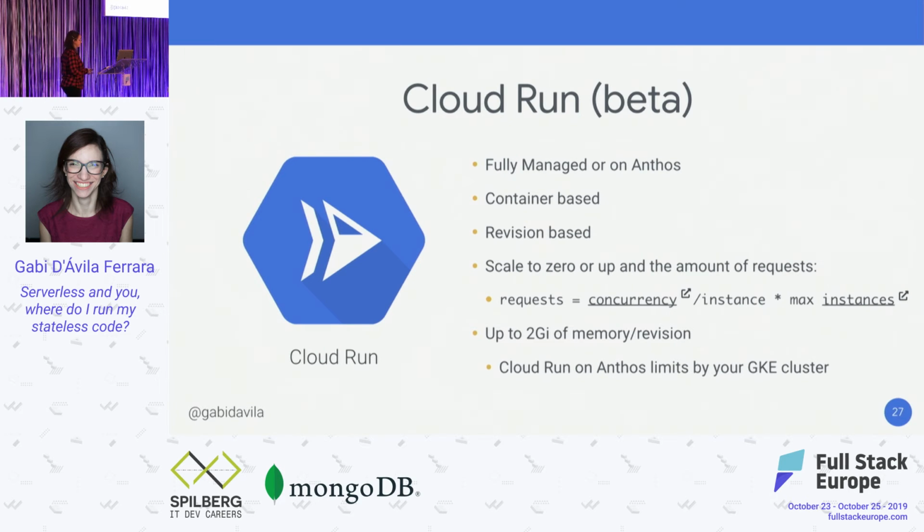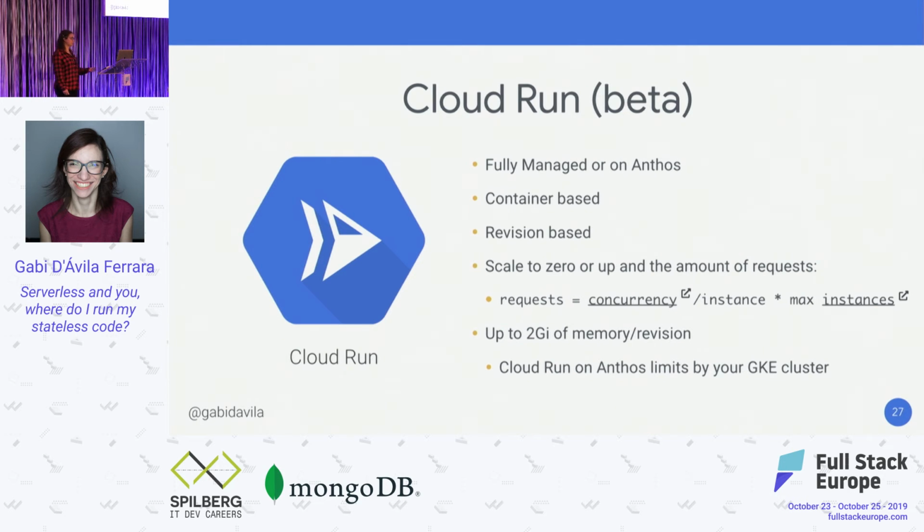It's container-based and revision-based. So if you deploy a container and then you change the environment variables for that service, it's going to create a new revision, because revisions are immutable. So every time you make an alteration like machine size, or how many instances I want the container to live for, that's a change that's going to create a new revision.